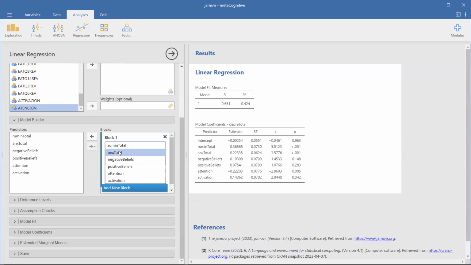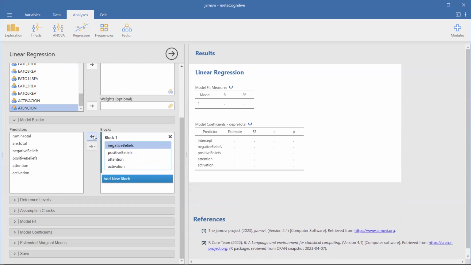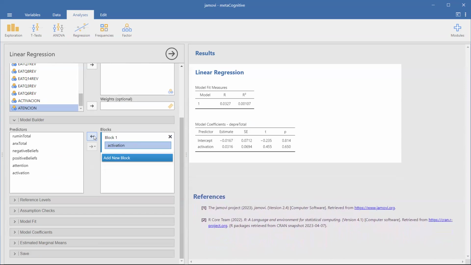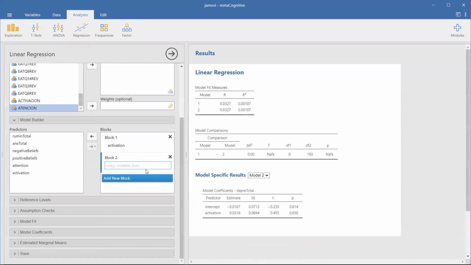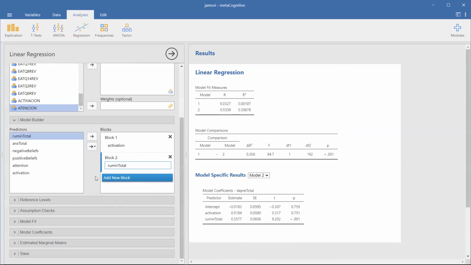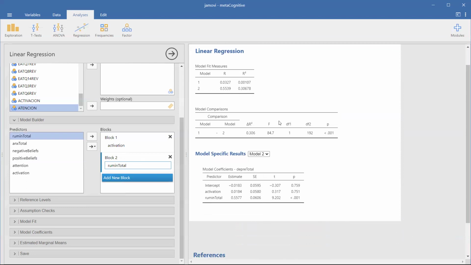Can I remove? Yeah. So look at that. In order to do it, you have to add blocks. So block 2 will have activation. We'll have the extra variable determination. Yes, this is block 2. This is model 2.